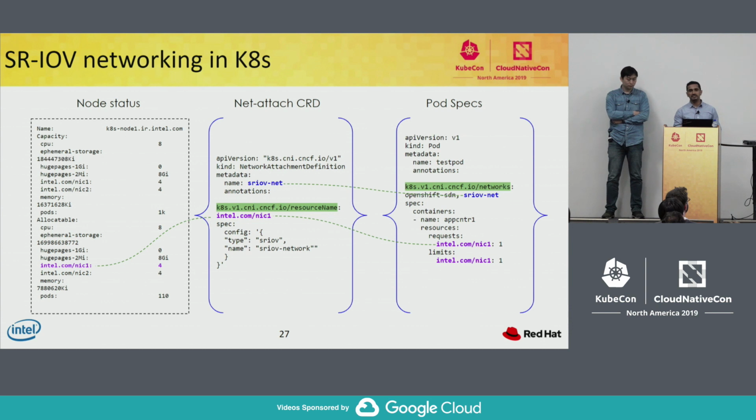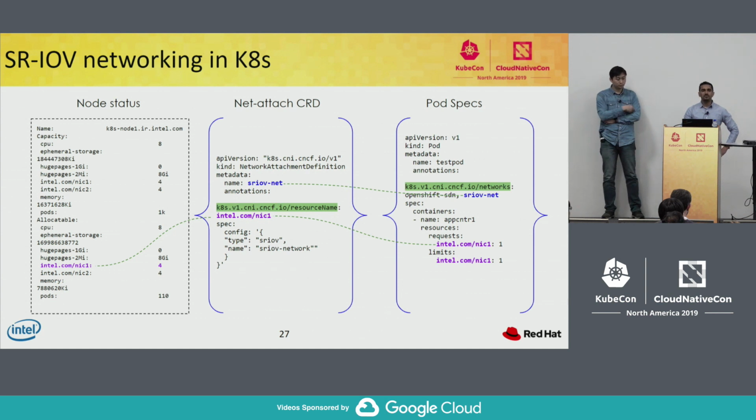By the way, this CRD is used by Multus. Multus is a network plumbing working group standard defined for this network CRD. And we also need to specify the resource request, how many VFs we need for this network. As you can see, there are a lot of steps just to configure SR-IOV networking, so we need something that can simplify this whole process.